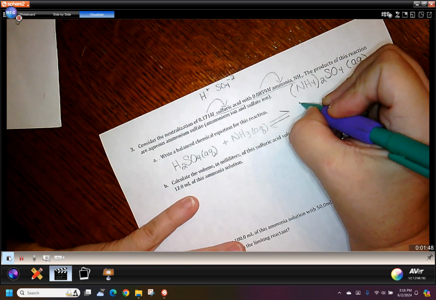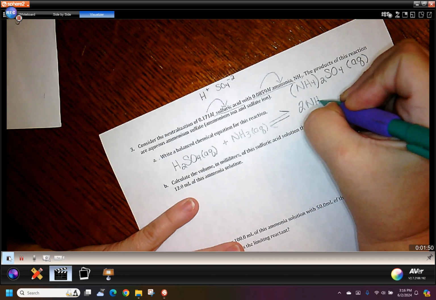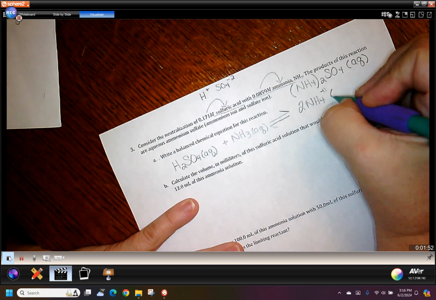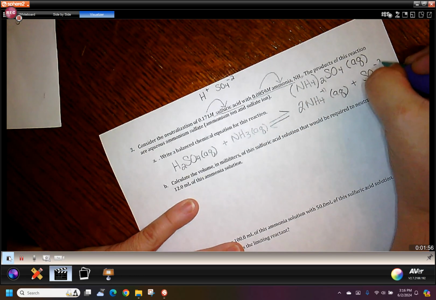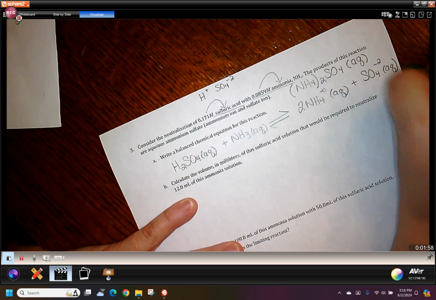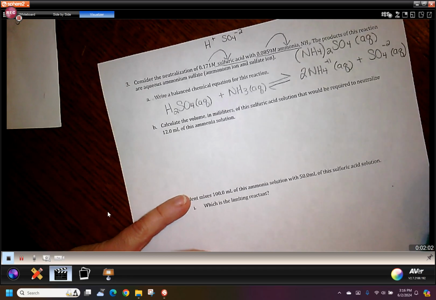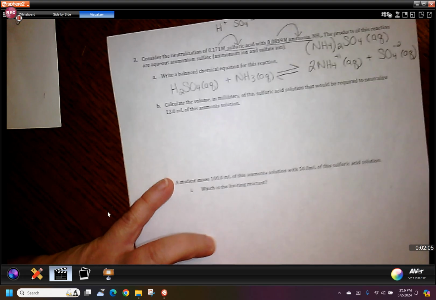So I am going to get 2 NH4 plus 1 aqueous plus SO4 minus 2 aqueous. Okay? So we gave you the reaction on that one. So take a minute and go back and read what it says.